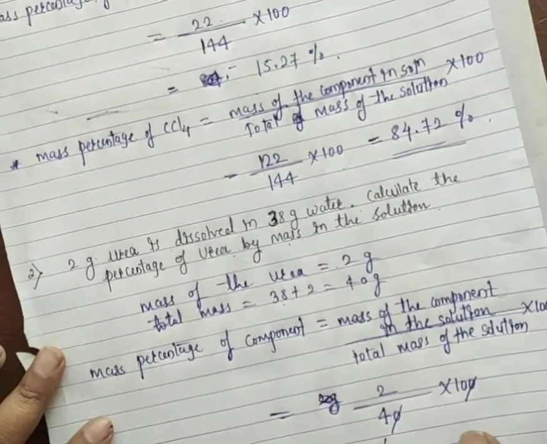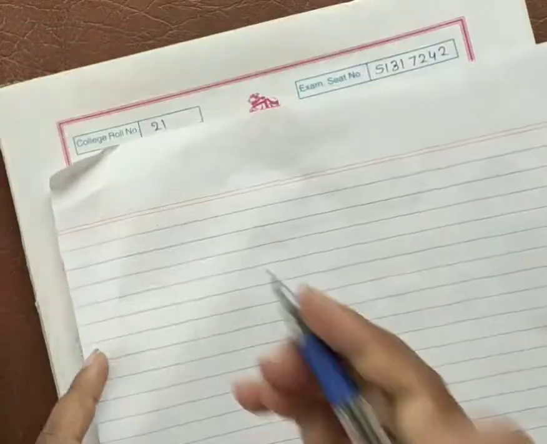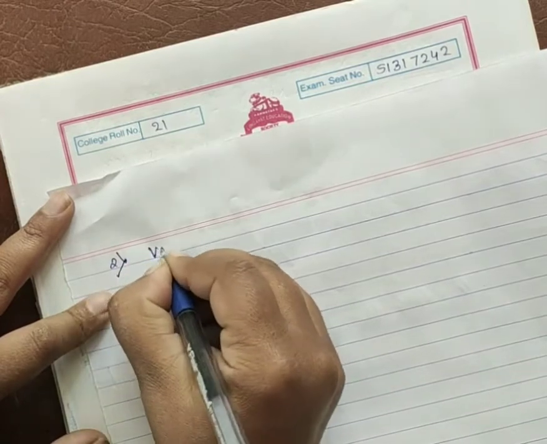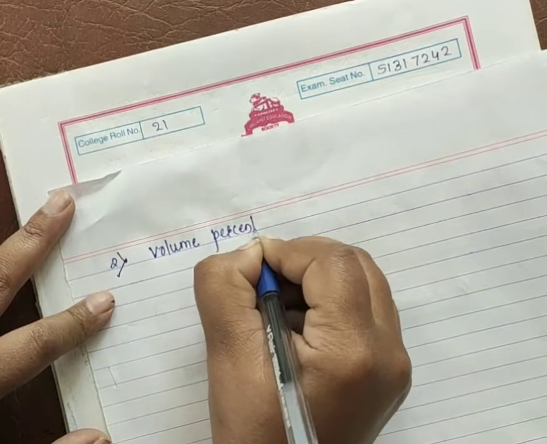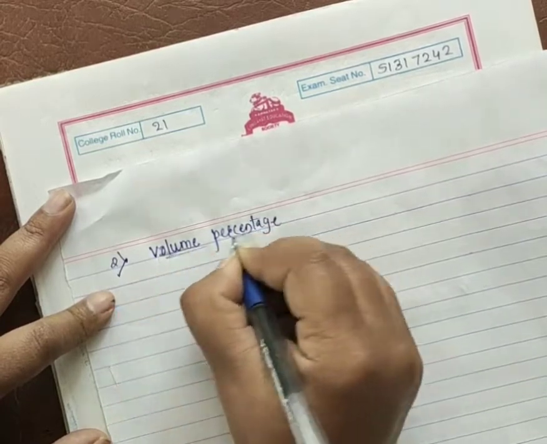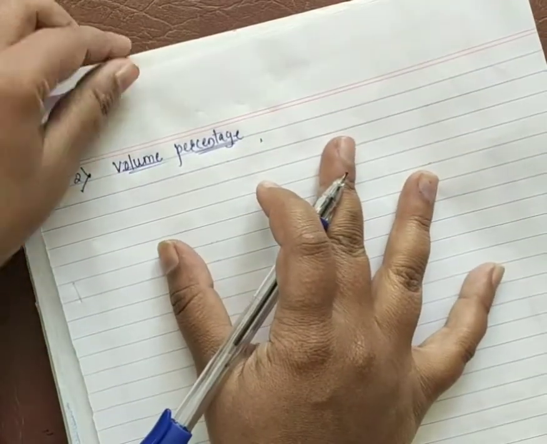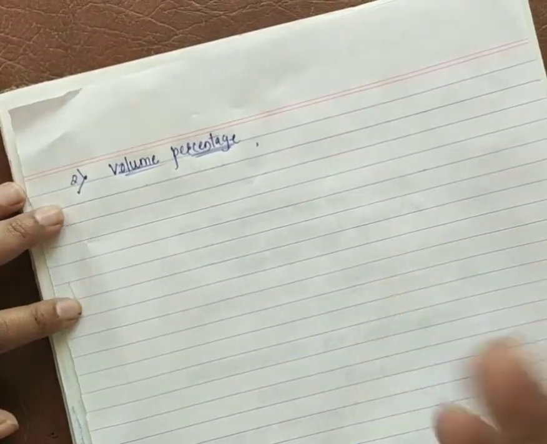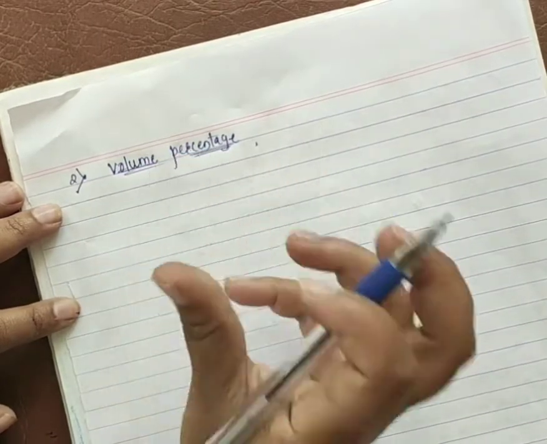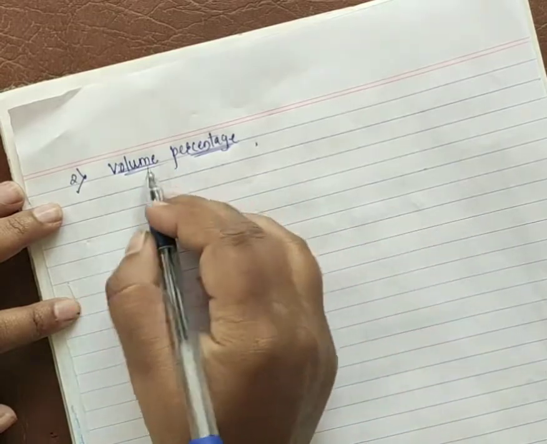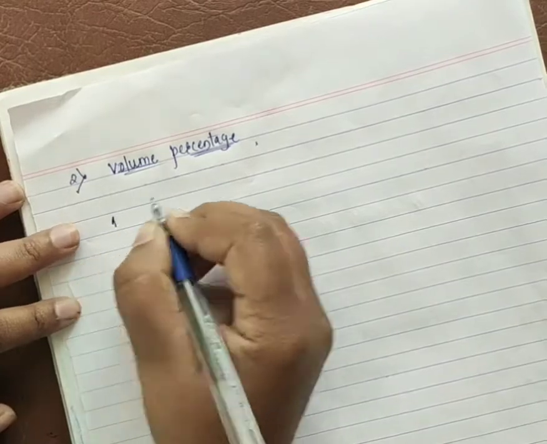Okay, so mass percentage. Now we can discuss the second one, that is volume percentage. The same way as I told for mass percentage, the same formula applies here also, but instead of mass you have to write volume.